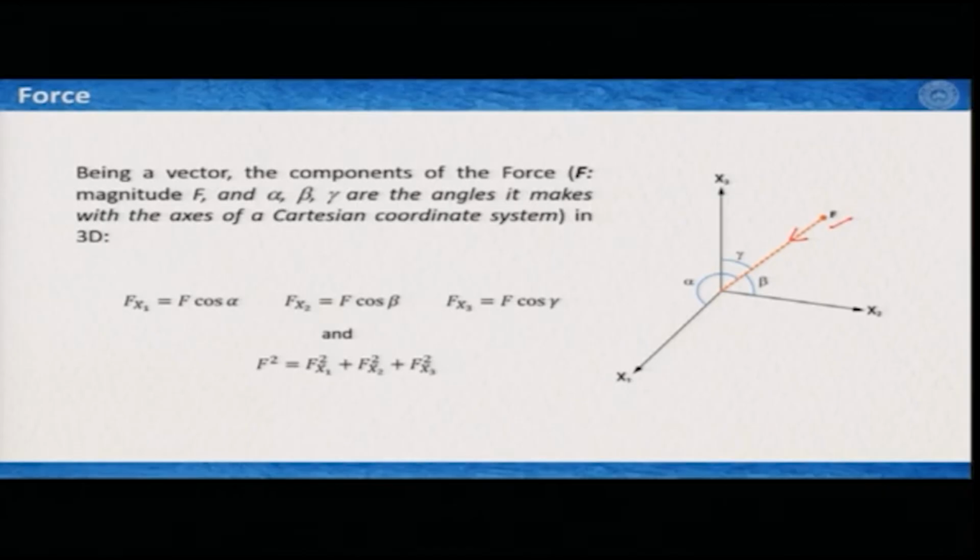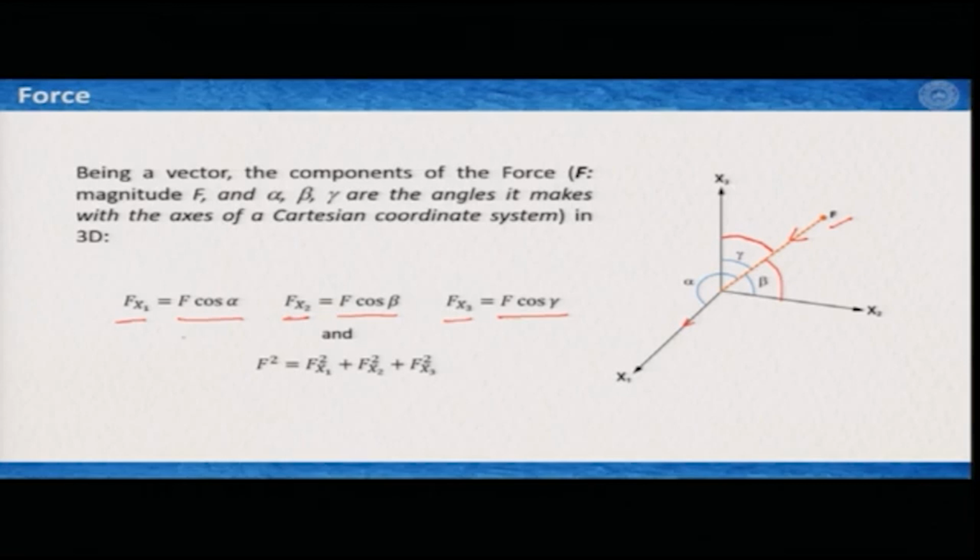If we assign it Fx1, which is acting parallel to the x1 direction, then it is F cos alpha, where alpha is the angle between the force vector and the x1 axis. Similarly, you can have Fx2, which is F cos beta, where beta is the angle between the force vector and the x2 axis, and Fx3, which is F cos gamma, where gamma is the angle between the vector F and the axis x3 of this Cartesian coordinate system.